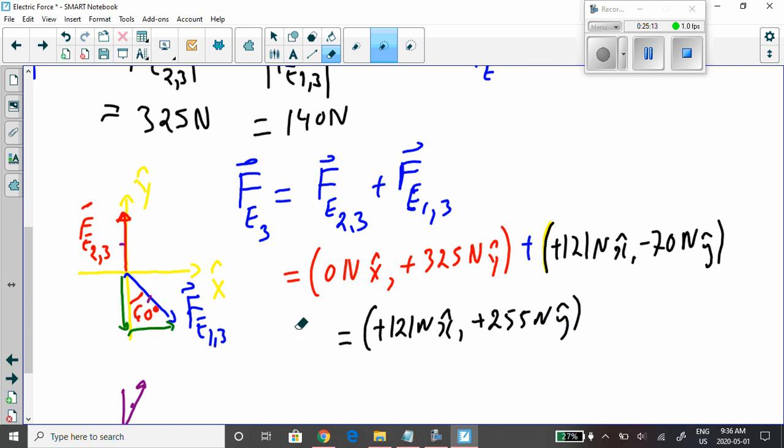The other thing that we learned here is that the electric force on a charge, in this case charge Q3, is equal to the sum of these two other electric forces: the electric force from charge Q2 on Q3 and the electric force from charge Q1 onto Q3. So you have to add them to get the total electric force on charge Q3, and we added by using components.